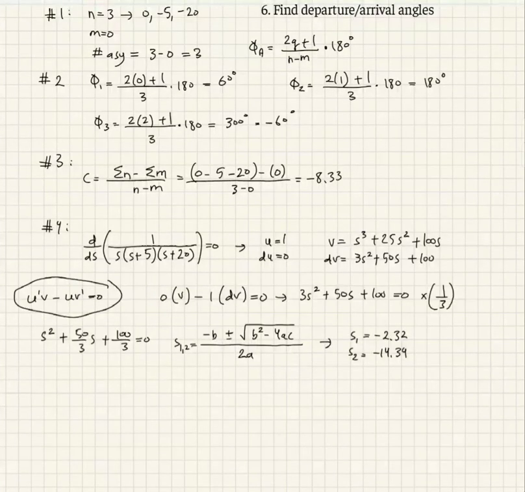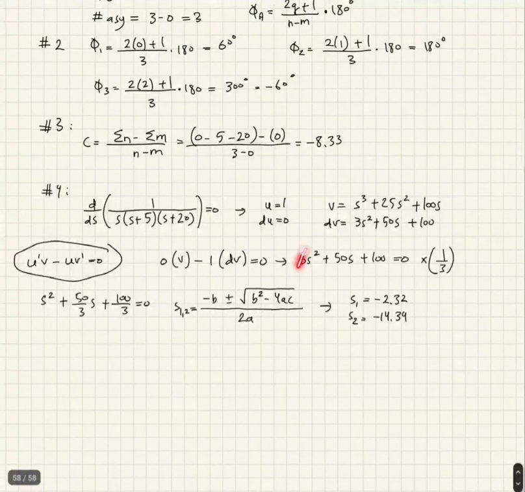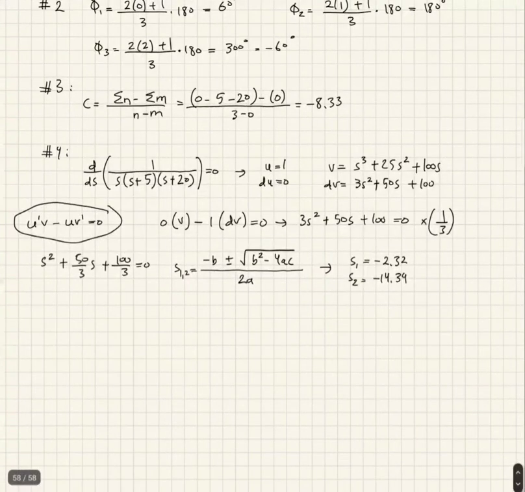Using the same technique as before, we found out that this is what we have. We multiply this by 1 over 3 to get rid of the 3 coefficient, and then we obtain this equation, and we can simply use the quadratic equation to find the 2 roots, s1 and s2.